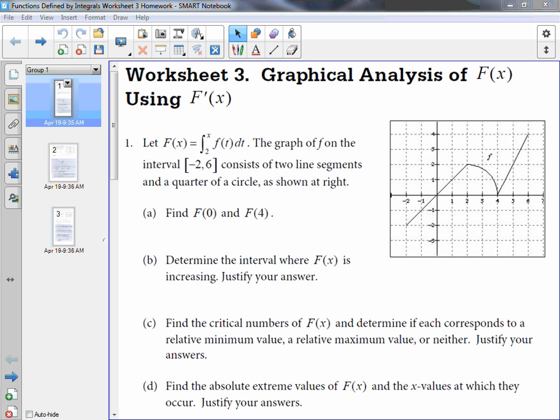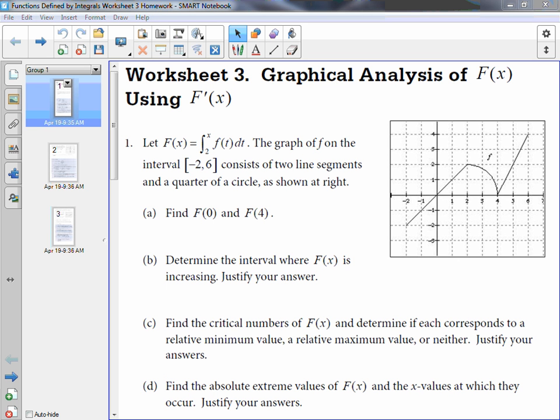Quite often they'll tell us that. But they expect us to be able to figure out whether or not the region underneath is a triangle, a trapezoid, a rectangle, a quarter circle, whatever. So first, find capital F of 0 and capital F of 4.